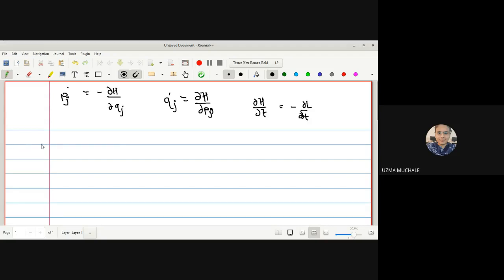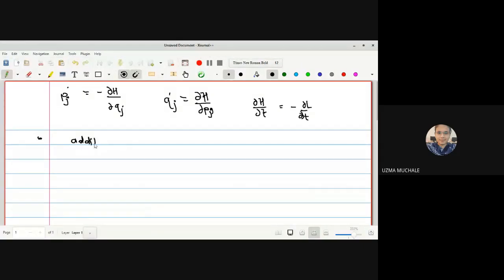Now let us go for the next one, that is addition of a total time derivative of any function of the form. That means we are going to add a total derivative. Let me write the question.